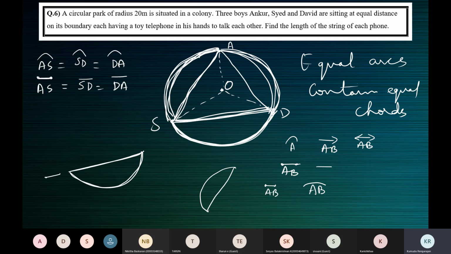That is, we are dividing the whole triangle ASD into three smaller triangles.